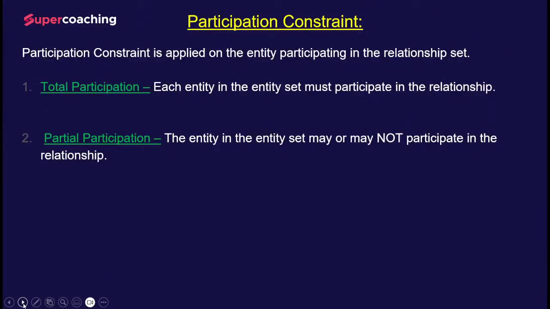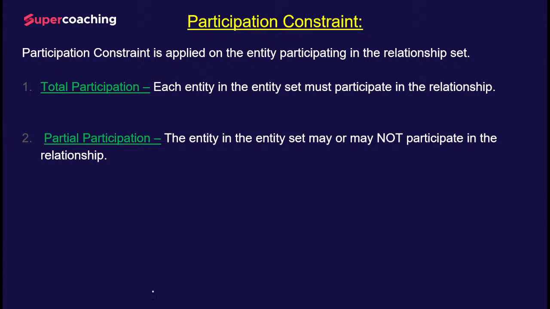All right, next one. Then we have the participation constraint. Participation constraint says that if all the entities in the entity set are participating in some relation, then we will say that it's a total participation. If there are a few entities which are not participating, then we can say that it is partial participation, meaning some entities participate and some entities do not.